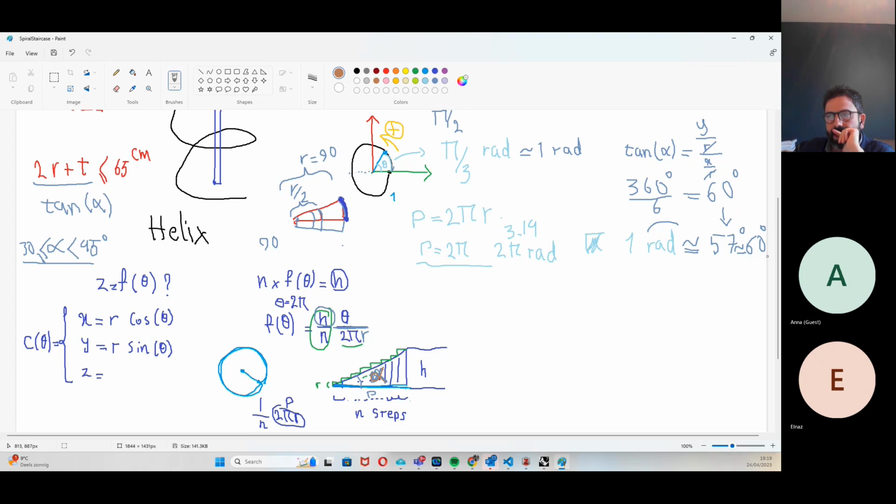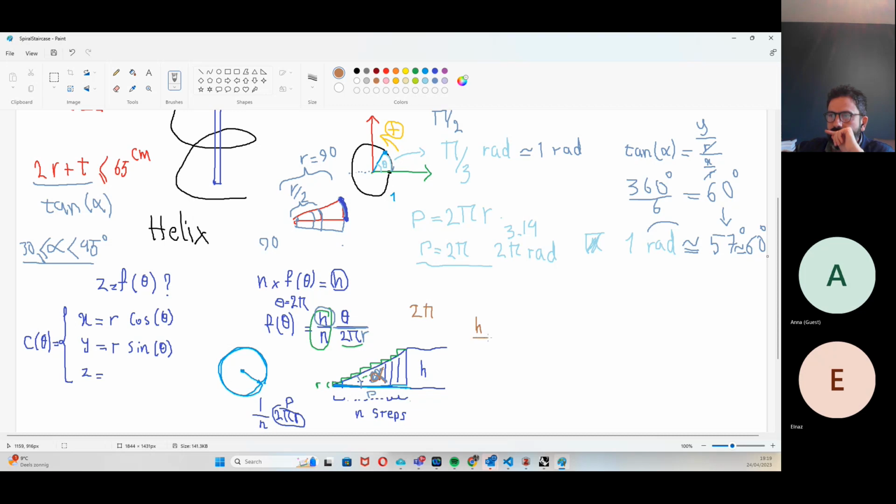If I put theta equal to 2 times pi divided by n, if I put theta equal to 2 times pi, what do I get? X will be equal to 1 or the R. Z. Z is 0. No, when theta equals 2 times pi, 2 times pi cancel each other out.